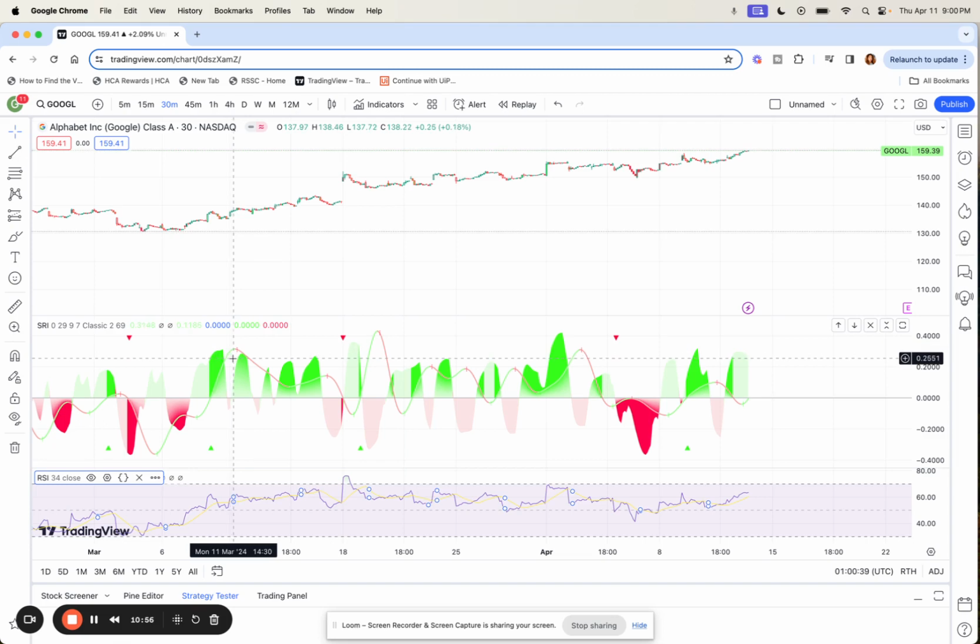So you definitely want to set risk management, set your stop losses so that you are not losing out on your trade. However, when you look at the RSI here, you could see that your RSI is above 50. So this stock looks like it's still consolidating.